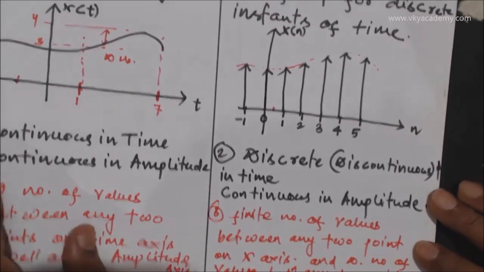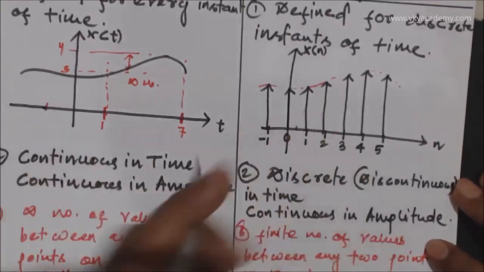So as you can see, if we choose any 2 points on the x-axis, let's say I am choosing this point and this point.